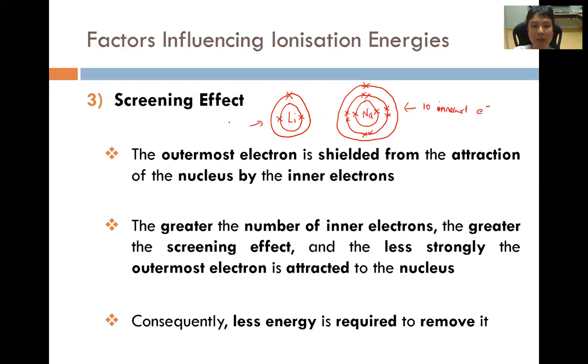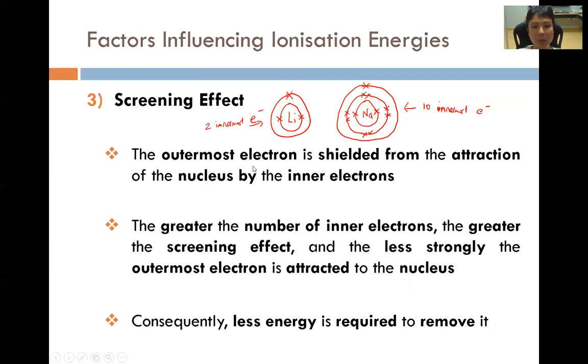Whereas for this case, there is only 2 innermost electrons that is shielding the nucleus from the valence electron. And hence, in this case, the sodium will have a higher screening effect. And if the screening effect is higher, the attraction between the nucleus and the valence electron will be weaker, and this will result in a decrease in the ionization energy.